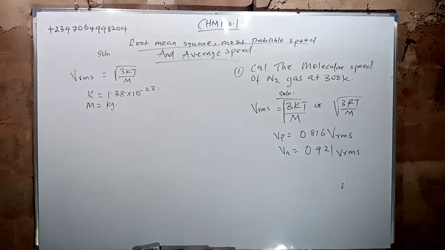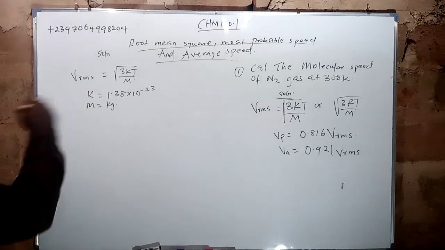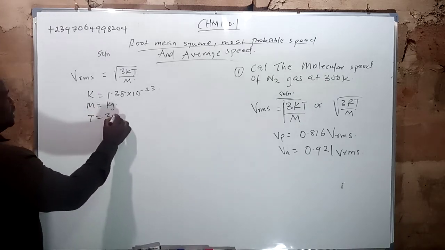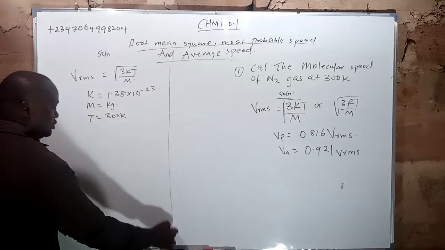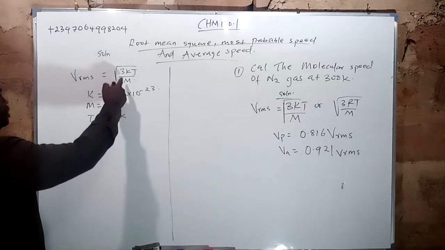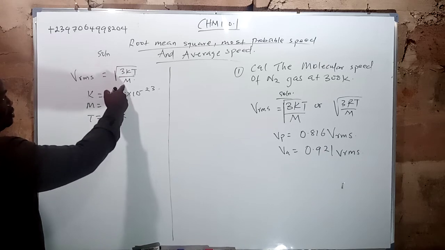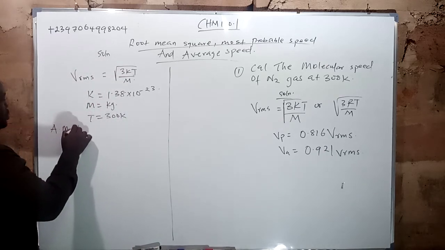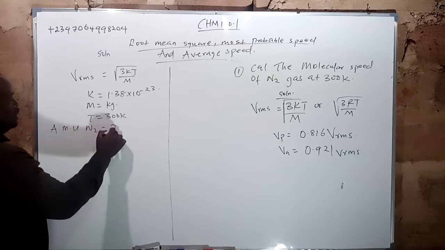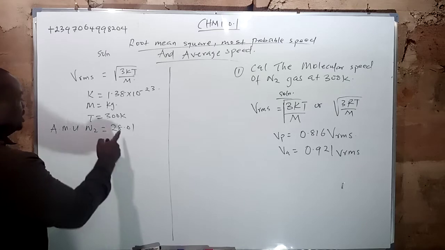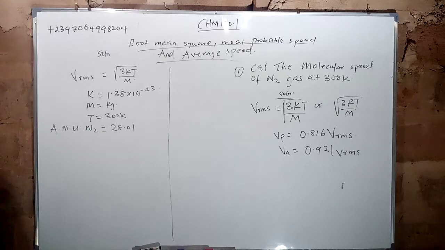From the equation, we already have our T to be 300 Kelvin, and k is the Boltzmann constant, so this is for me to get my mass. But you already know that the atomic mass unit of nitrogen is 28.01.